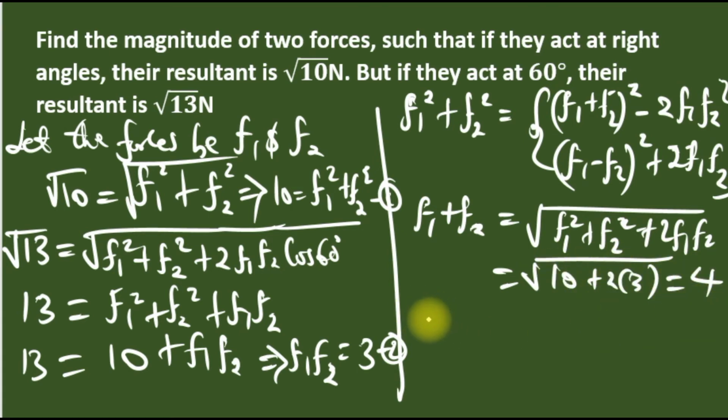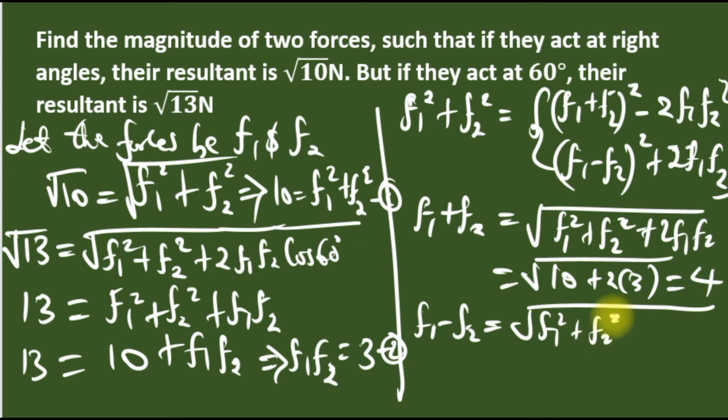So again, if you now make F1 minus F2 the subject of the formula, that is the square root of F1 squared plus F2 squared minus 2 F1 F2.